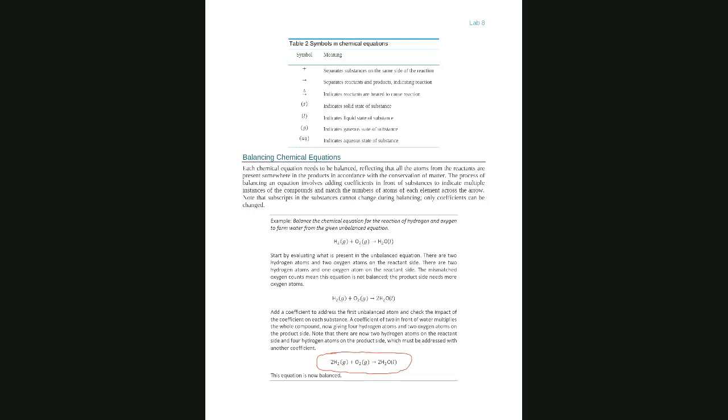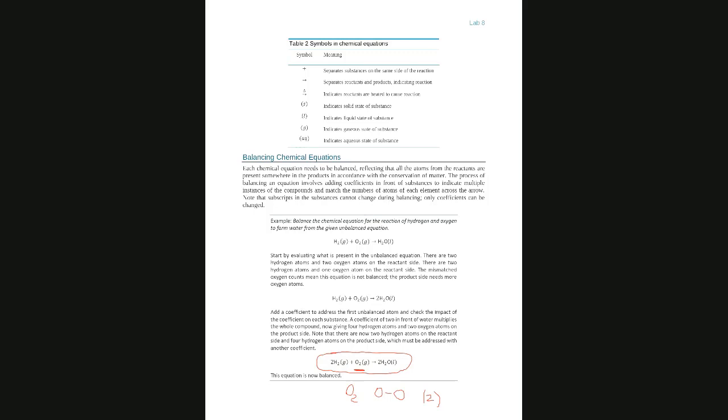Okay, let's look at why we don't add a 2. How do we count the number of oxygens? We have O2, right? This is the same as 2 atoms of oxygen. We count the number of atoms. So we count O2 as basically 2 atoms of oxygen, right? So we have here 2 atoms of oxygen.